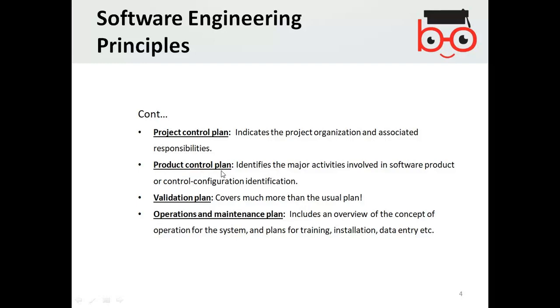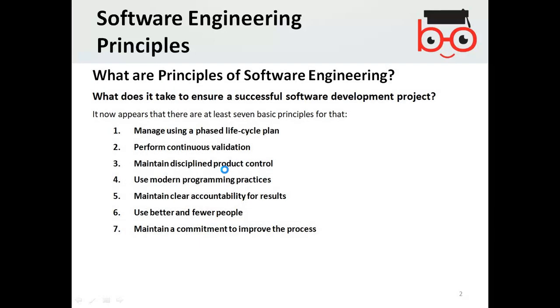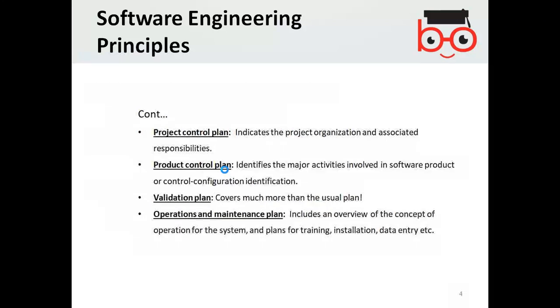Product control plan. The product control plan identifies the major activities involved in software product control, configuration, and identification. As I explained earlier, whenever you develop software, you should hand it over in the form of a product.